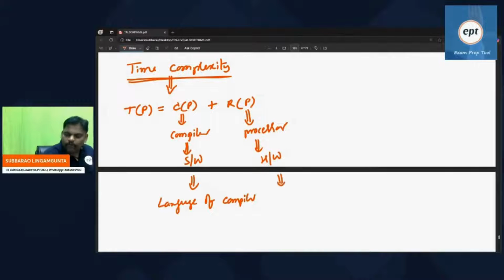So hardware. Nowadays we have M1, M2, M3. Previously P1, P2, P3, P4, Pentium, and Intel i5, i7, i9. So remember, what type of processor you are using, that matters.